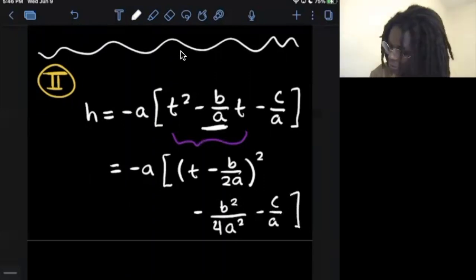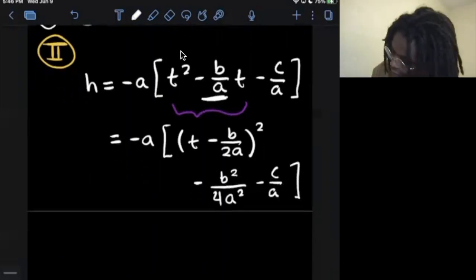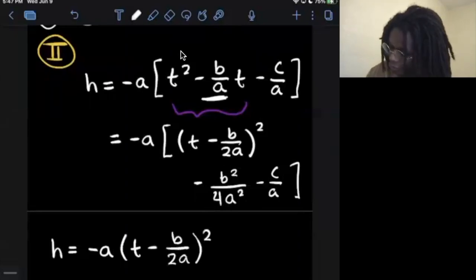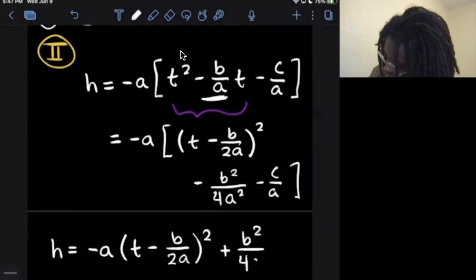All right, so our last step is just to simplify everything that we have so far. So we'll have h equals, we're going to distribute the negative a. So we have negative a (t minus b over 2a) squared. Distribute the negative a, we'll have plus b squared over 4a plus c.